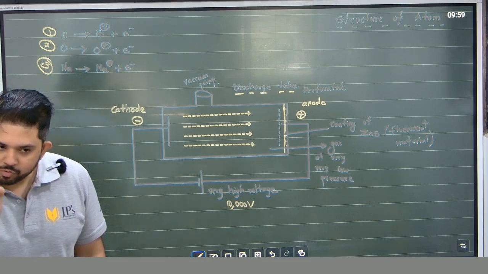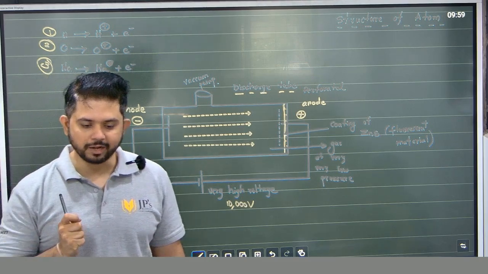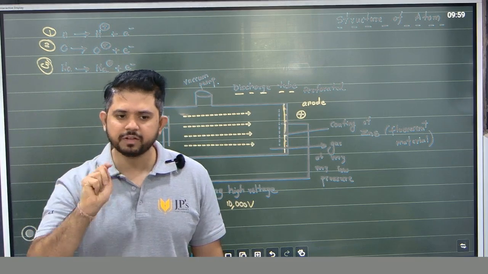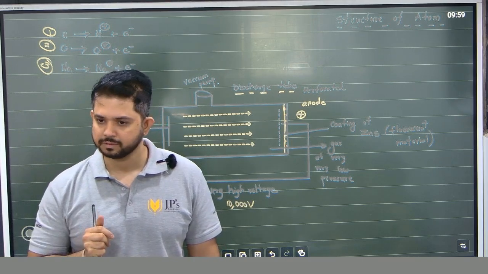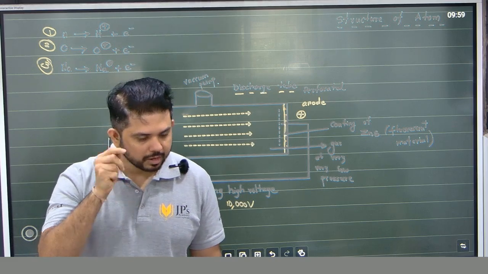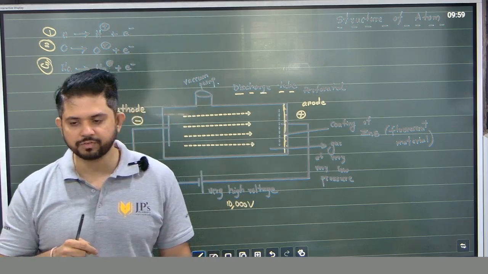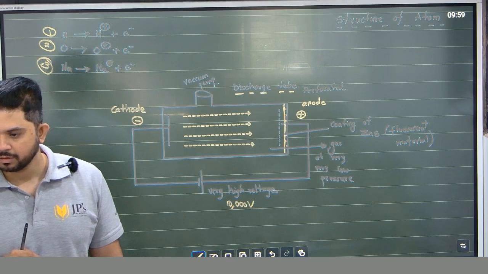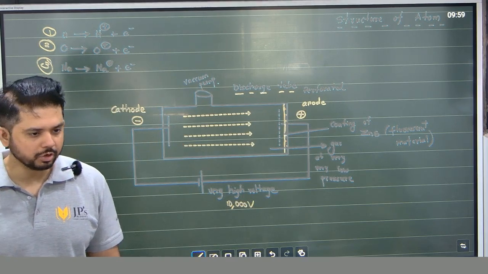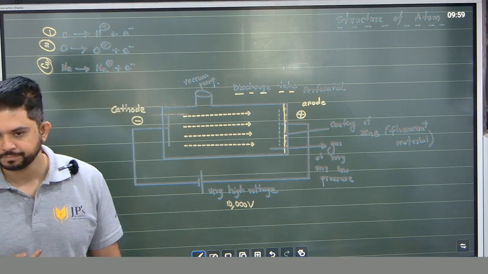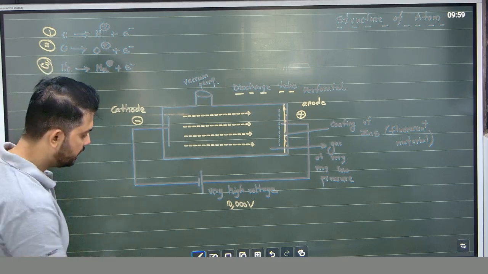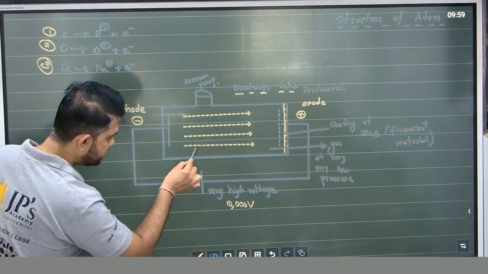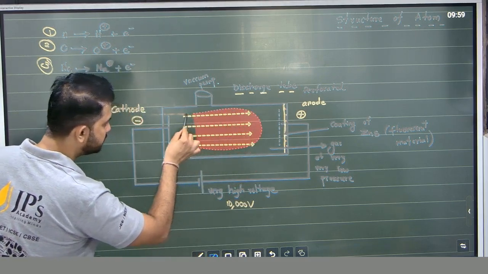If I remove an electron from a hydrogen atom, what is left? Proton. It's a nucleus. And what is present inside the nucleus of a hydrogen atom? One proton. Is there a neutron inside the hydrogen atom? No.